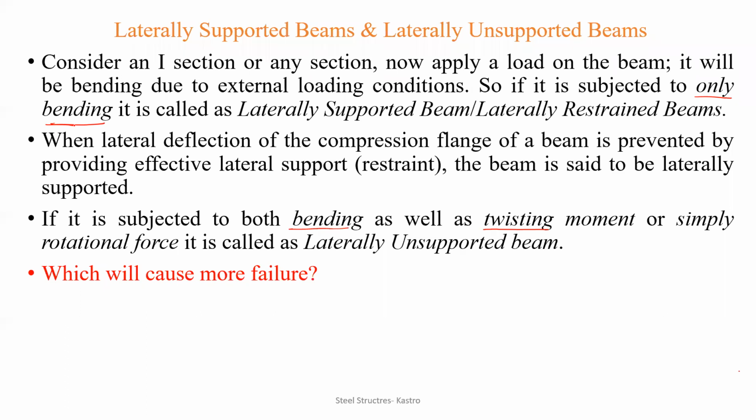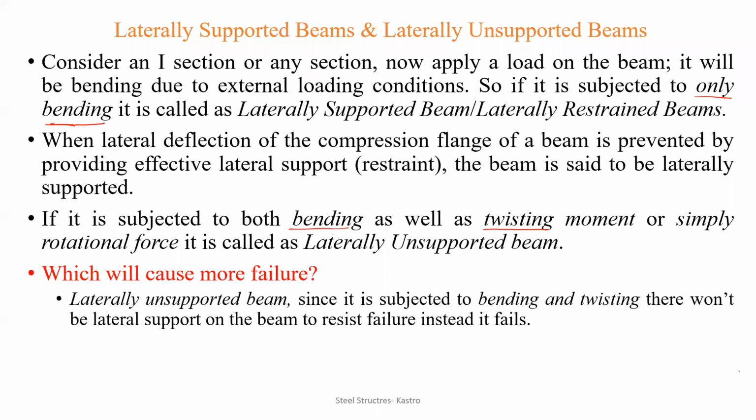Whereas in laterally unsupported beams, you have bending as well as twisting. That means two different kinds of forces are acting on the laterally unsupported beam. So from this, it is very sure that laterally unsupported beams are subjected to heavy amounts of failure.